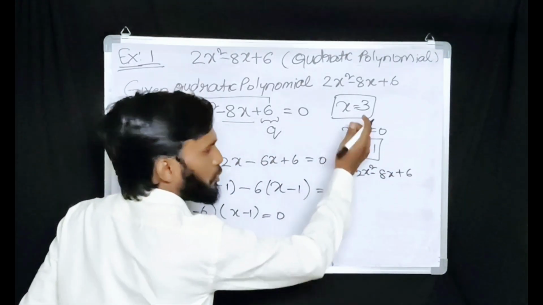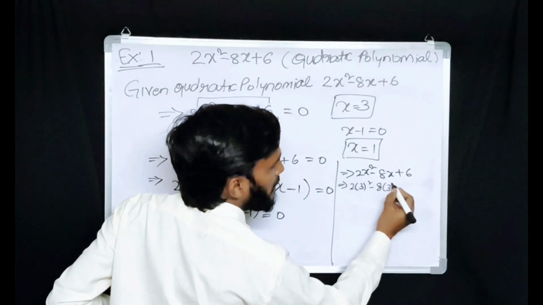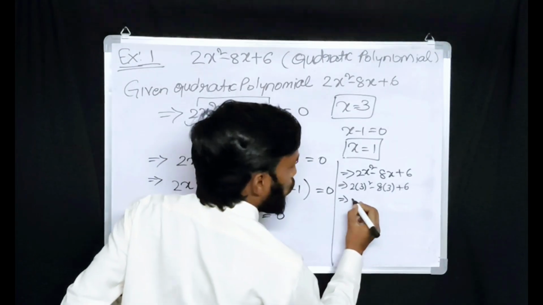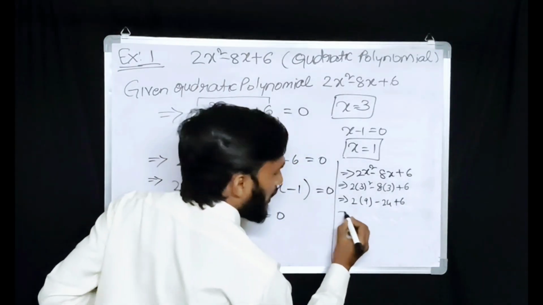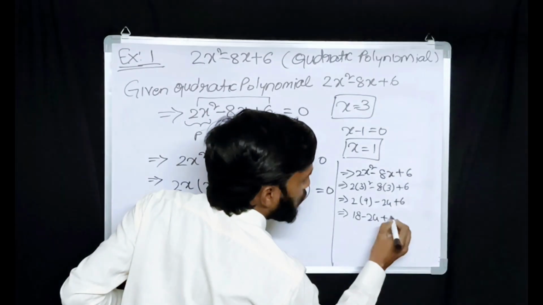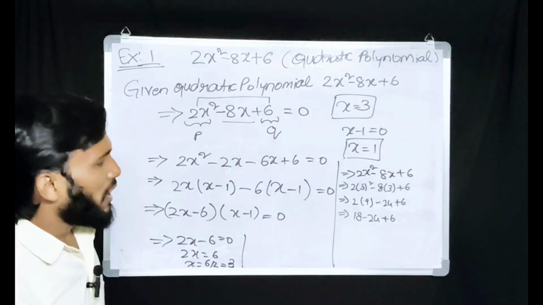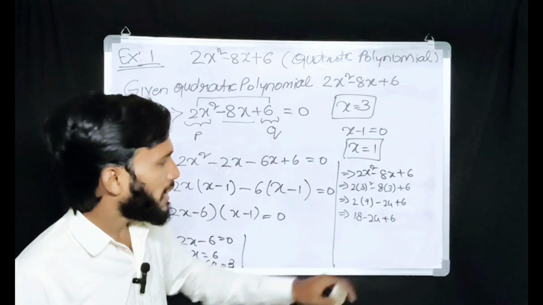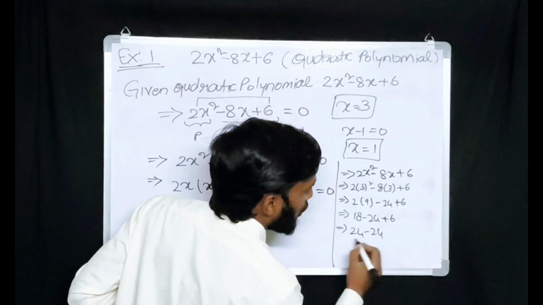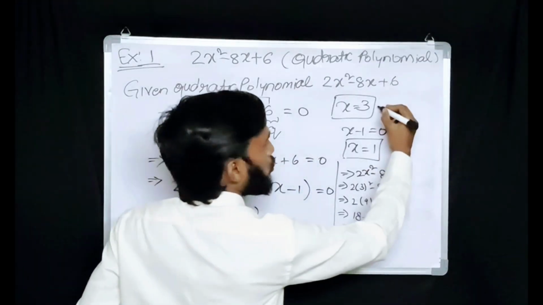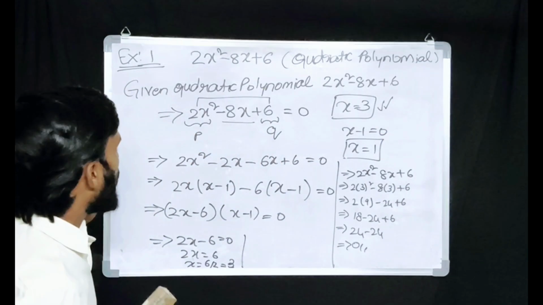By substituting 3: 2 into 3 square is 9, minus 24 plus 6. Two nines are 18, minus 24 plus 6. 18 plus 6 is 24, and 24 minus 24 is equal to 0. So x is equal to 3 is a true zero of this quadratic polynomial.